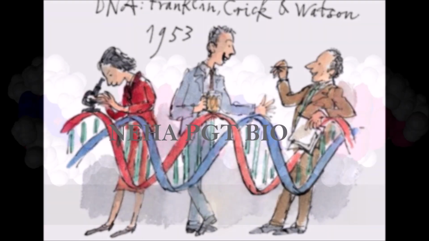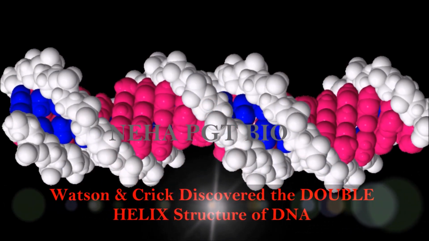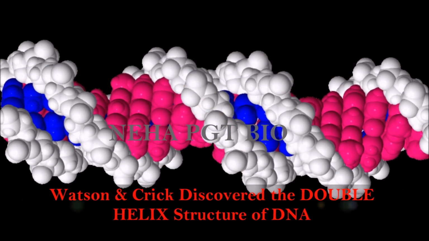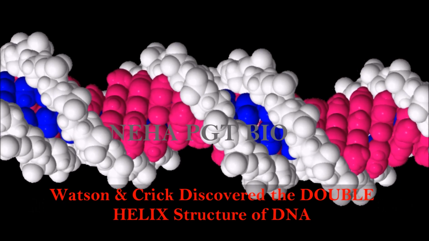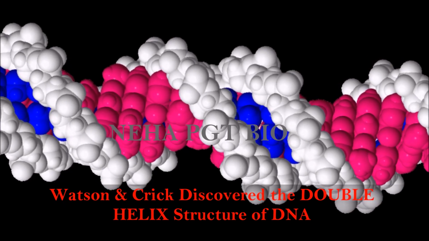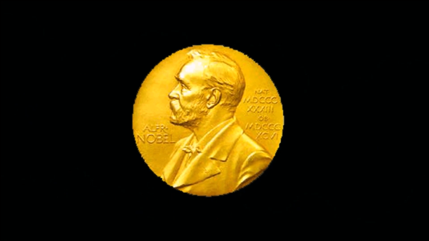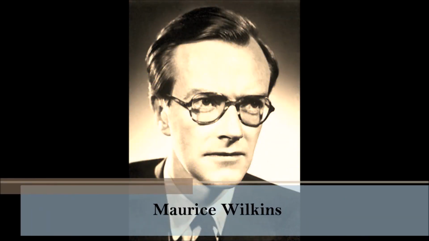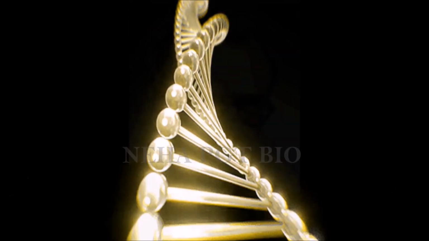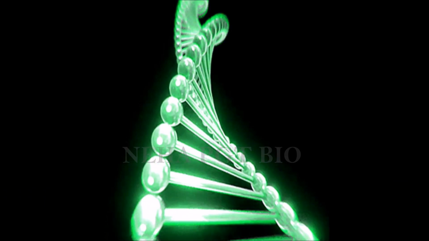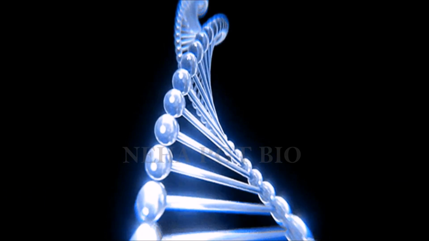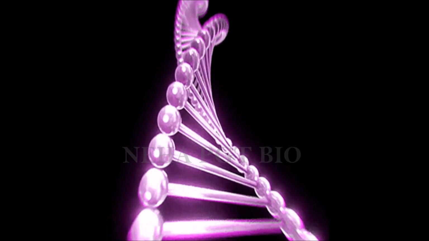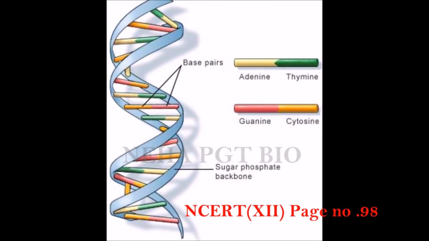James Watson and Francis Crick discovered the double helical structure of DNA and shared the Nobel Prize with Maurice Wilkins for the same. So let's understand how the double helical structure of DNA exactly looks.